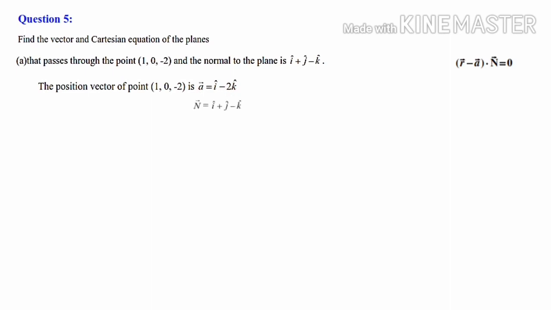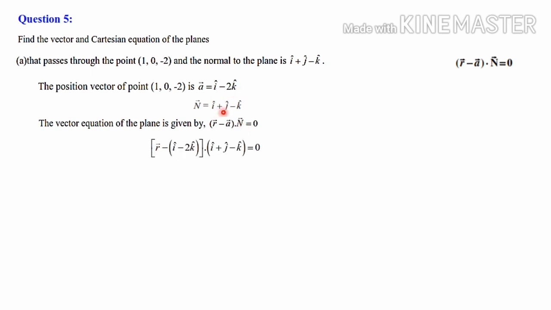Then the normal vector is given, that is i cap plus j cap minus k cap. Let's substitute in the equation, that is vector r minus vector a dot vector n is equal to 0. As I said before, r we will keep the same and a and n we will substitute. That is vector r minus i cap minus 2 k cap dot i cap plus j cap minus k cap equal to 0.